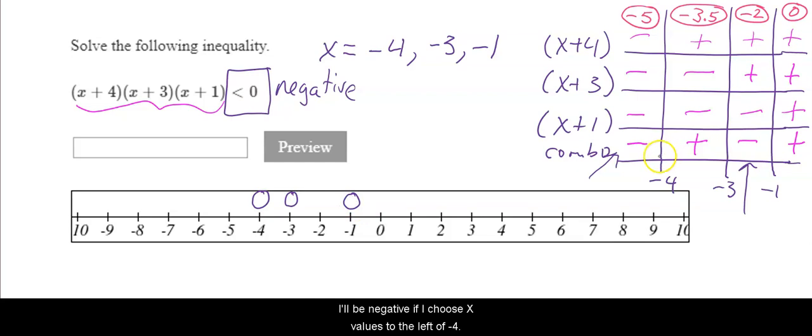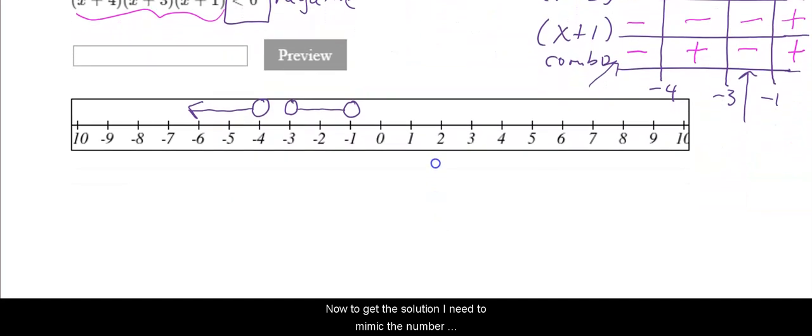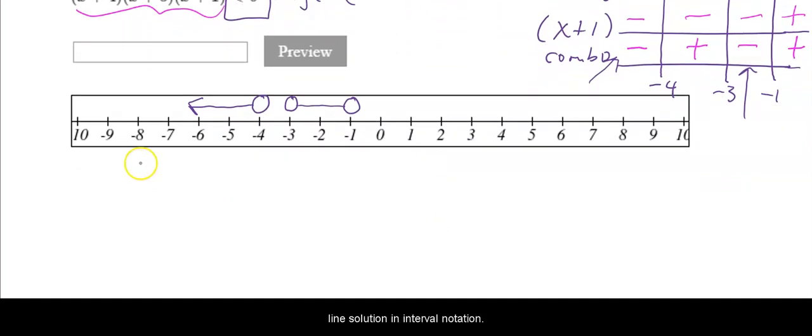I'll be negative if I choose x values to the left of negative 4, or if I choose x values between negative 3 and negative 1. Now to get the solution, I need to mimic the number line solution in interval notation.